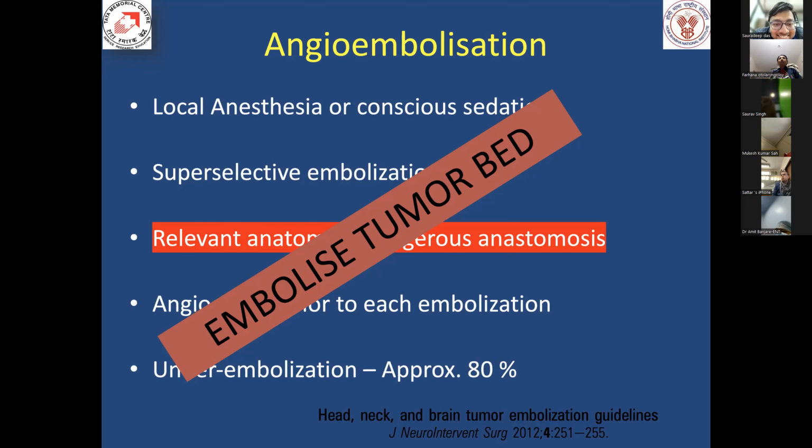It's the same even for interventional radiology. If there is bleeding from the branches of the internal maxillary artery, we need to go into the IMA and block those feeders. We should not block the external carotid artery. Always we have to block the tumor bed, not the main artery, because it will always collateralize and it will continue to bleed.